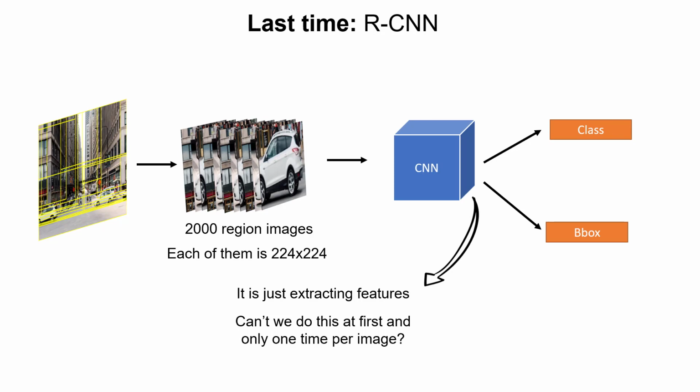So the idea of improving it is by passing the whole input image, which is 224 by 224, only once instead of passing 2000 region images, each of them 224 by 224. And obviously this has to improve our runtime a lot.